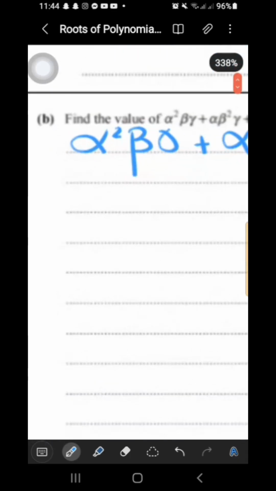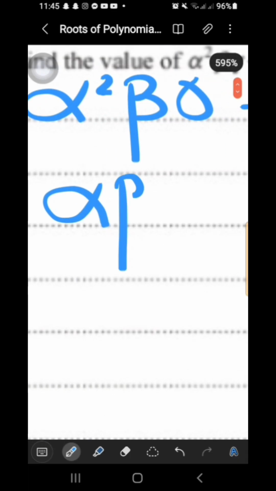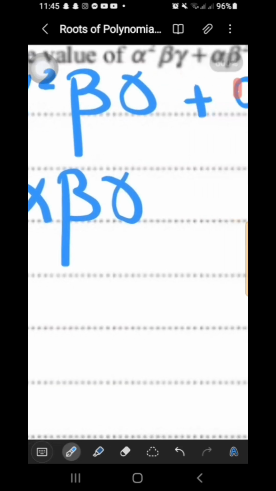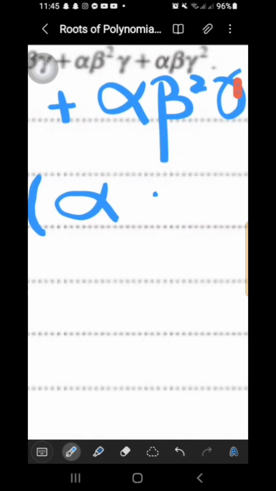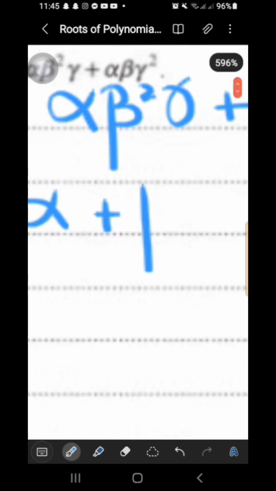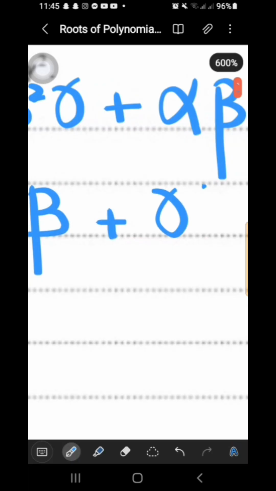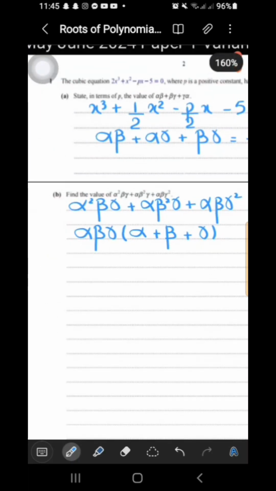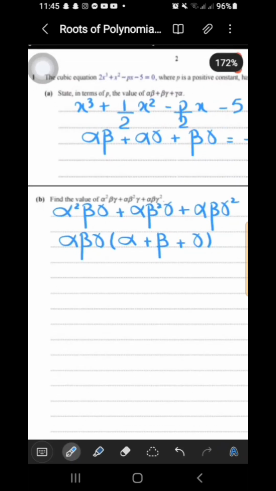We can see that alpha beta gamma is common in this equation, so we will do this. We took alpha beta gamma common from all, and here the alpha remains, beta remains, and gamma remains. So that's our equation.